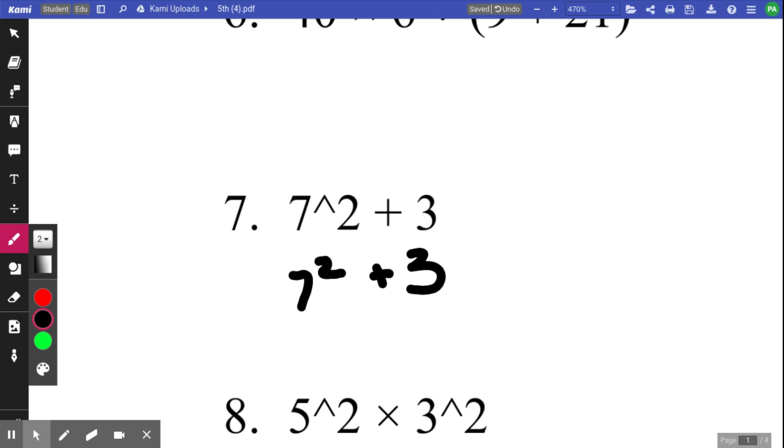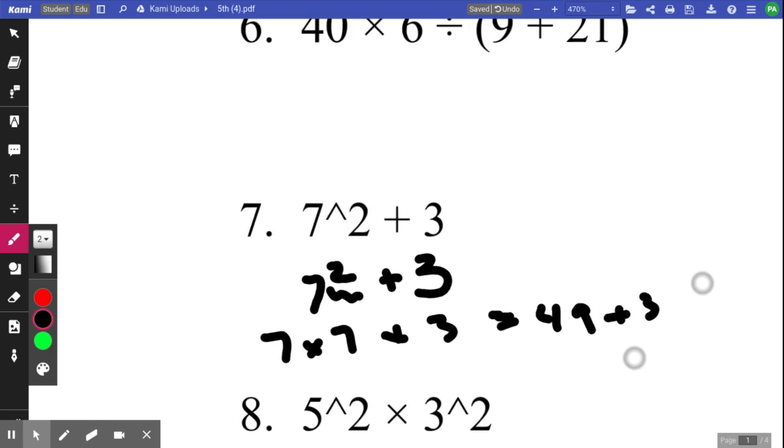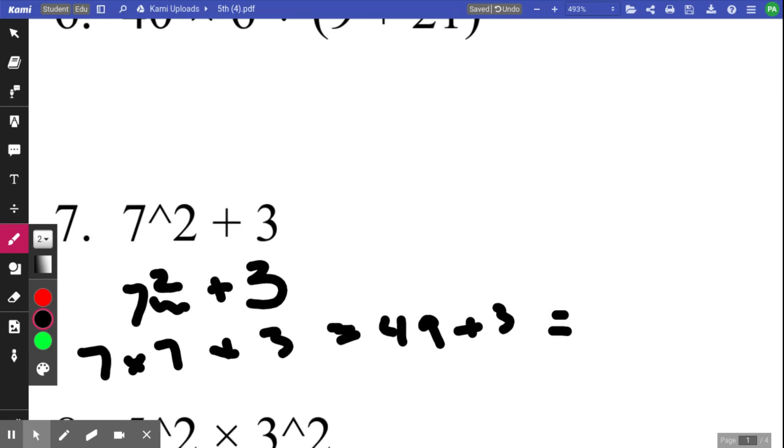So what I mean is, you see the 2 here, you just multiply 7 twice, and then plus 3. So we do multiplication, 7 times 7 is 49, and then we bring down the plus 3, which then equals 52.